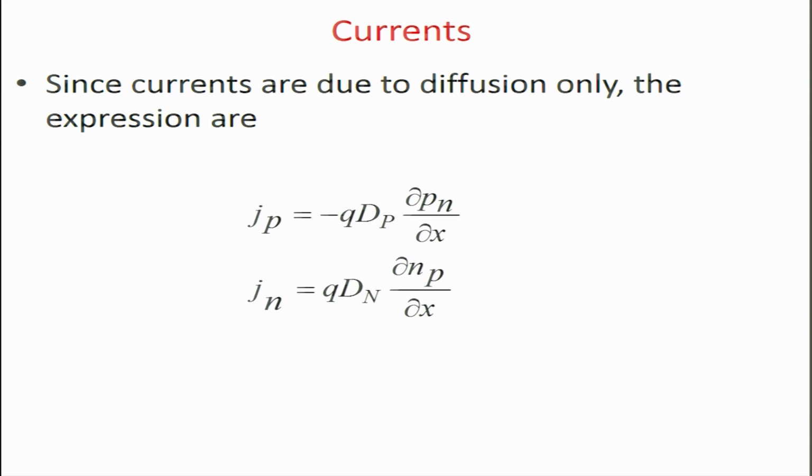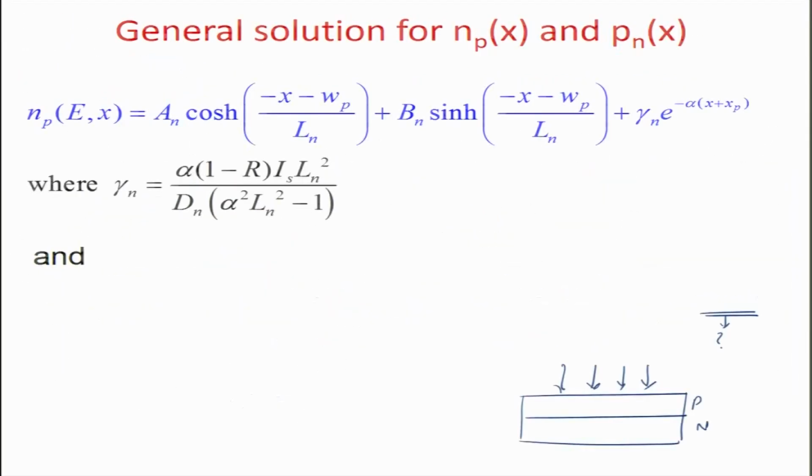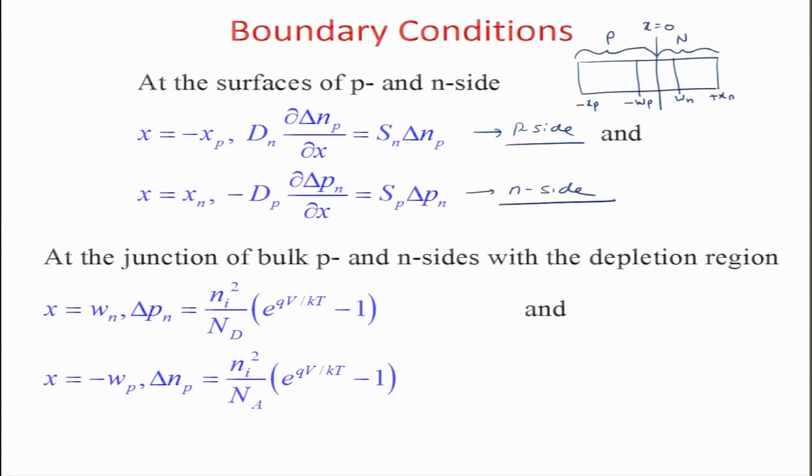And the meaning of this, I just wanted to dwell a little bit upon this boundary condition. This boundary condition essentially is a realistic boundary condition, because we are assuming that surface recombination is finite, and the surface is basically within a few diffusion lengths of the junction.